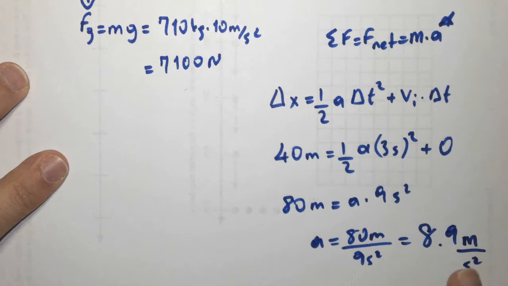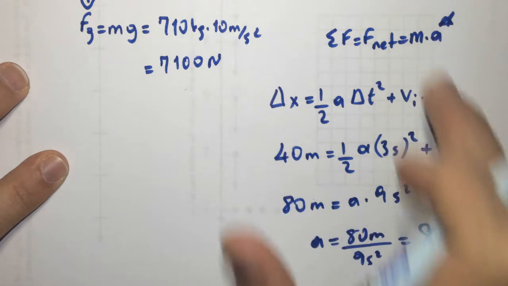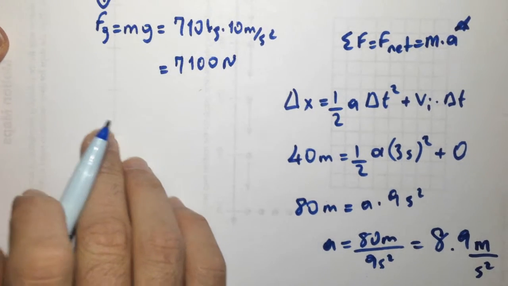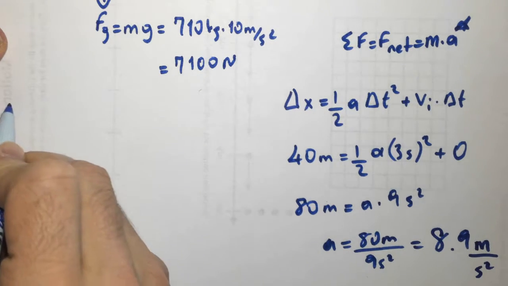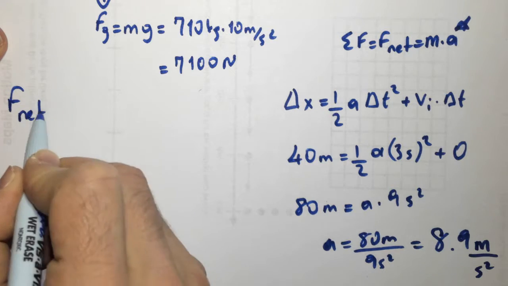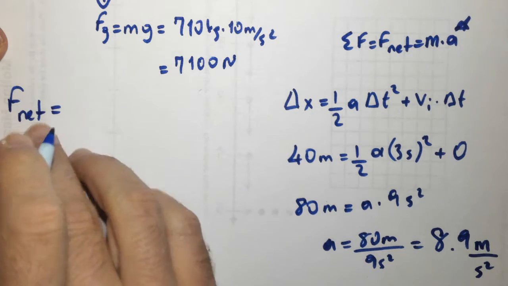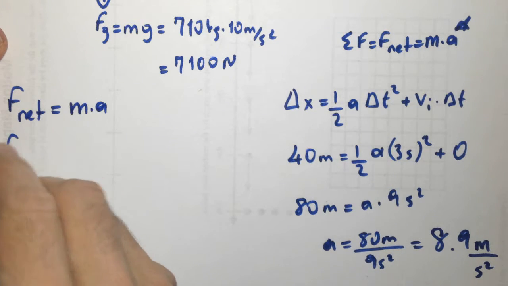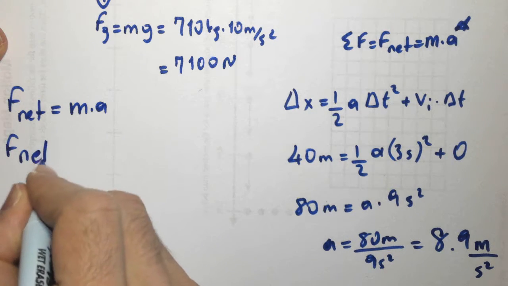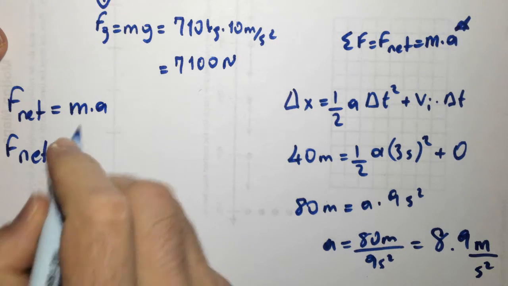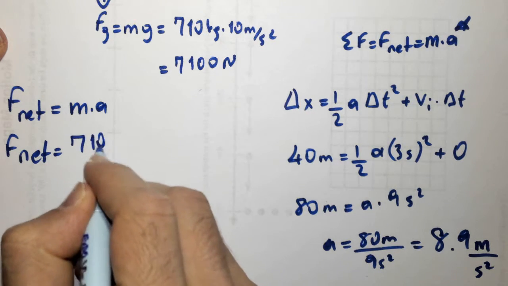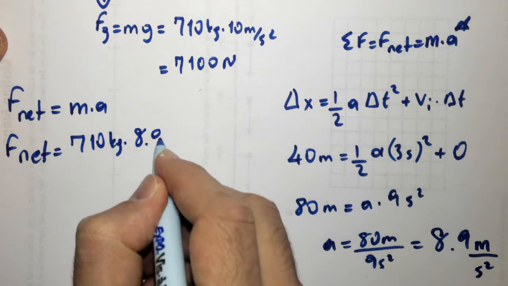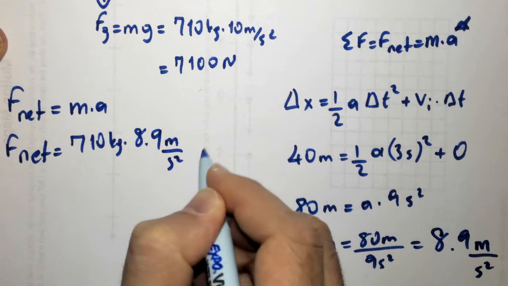What we need to do is just put this acceleration in this equation. I think I am out of space, so I'm going to just use this space. Let me rewrite the equation. So net force is mass times acceleration. Mass is 710 kilograms times acceleration 8.9 meters per second squared.